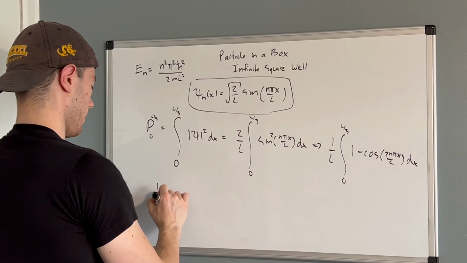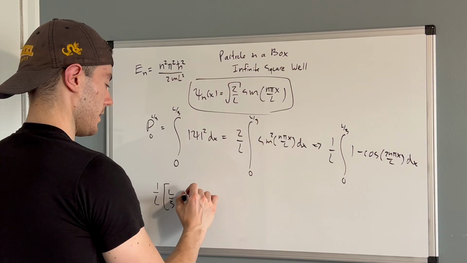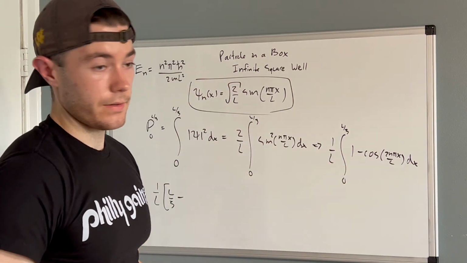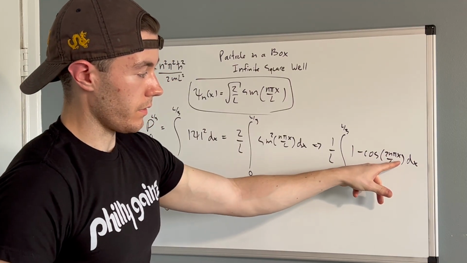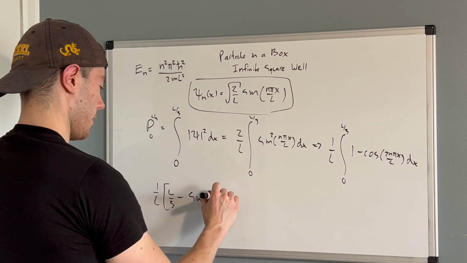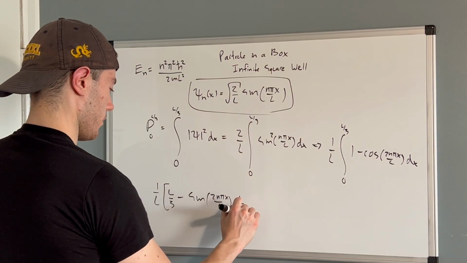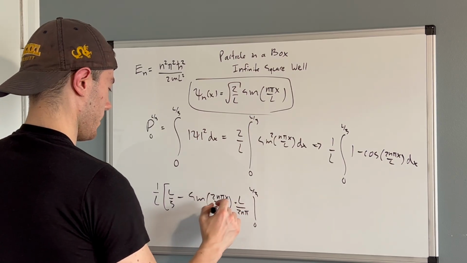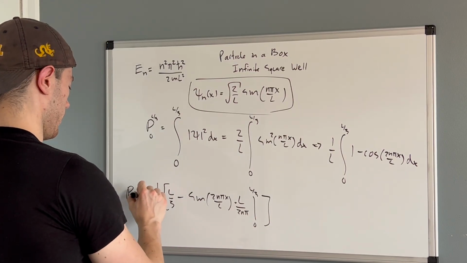So this is 1 over L times L over 3 minus cosine. The integral of cosine is sine times this divided by the coefficient in front of the argument: 2n pi x over L times L over 2n pi evaluated from 0 to L over 3. And that's equal to the probability.